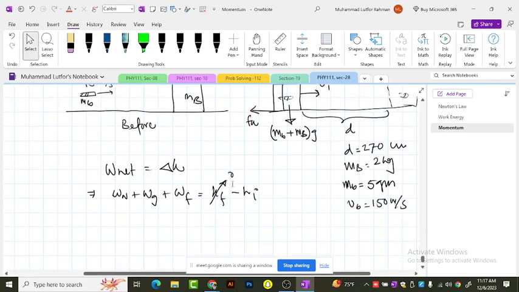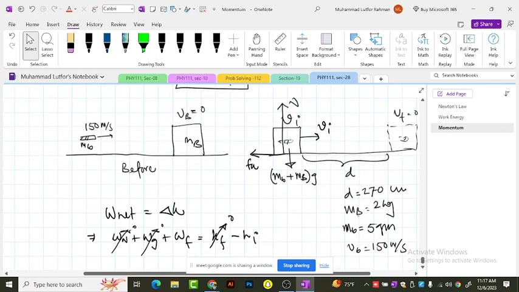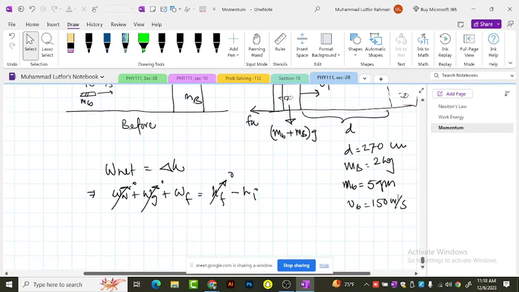Work done by the normal reaction force and work done by the gravitational force will also be 0, because these two forces make an angle of 90 degrees with my displacement. So cos 90 is 0, and their contribution to the work would be 0. Fine, then what am I supposed to write? Work done by the frictional force must be equal to minus the kinetic energy initial, right?